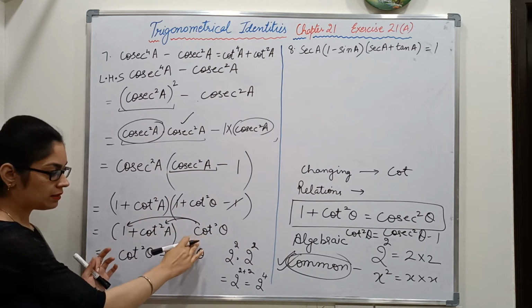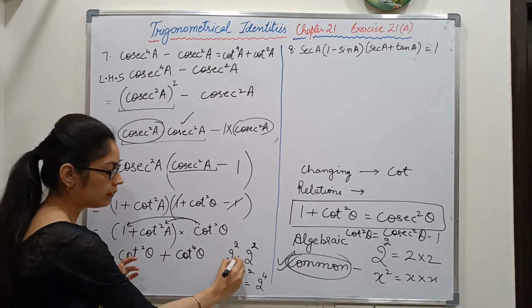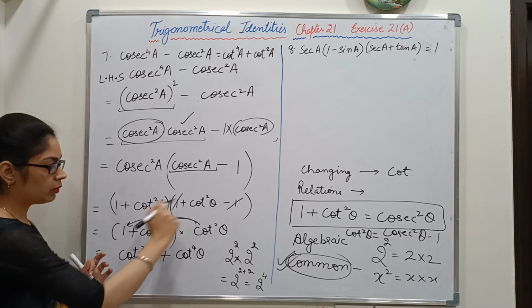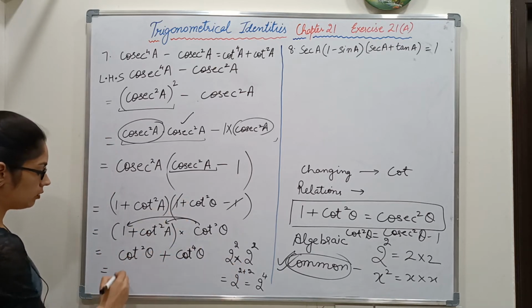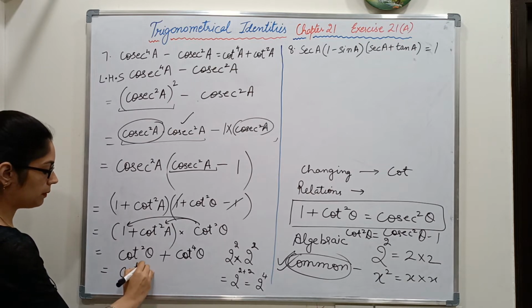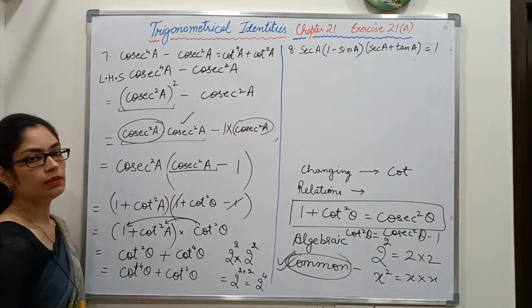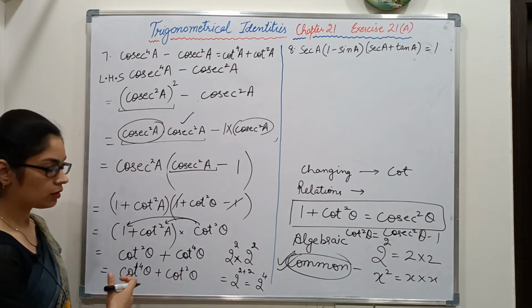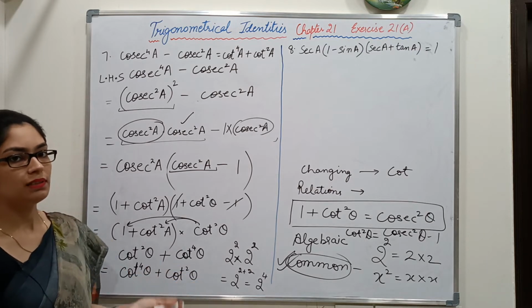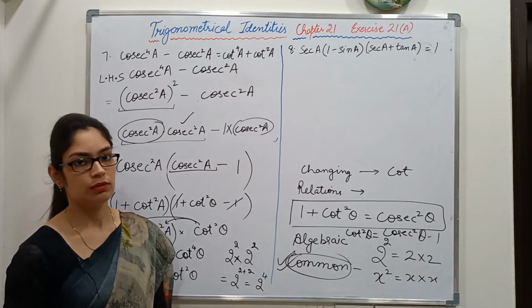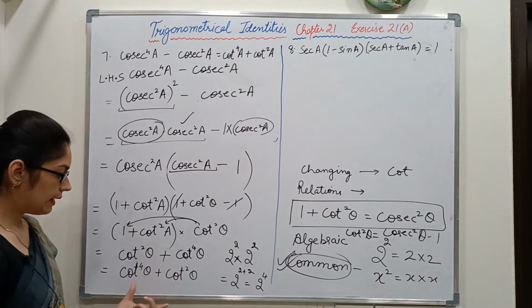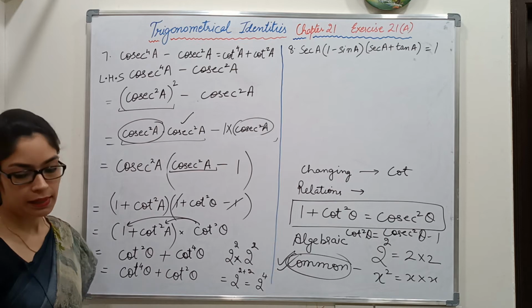Cot and cot bases are the same and they are getting multiplied, so we have to add the powers. So this I can also rearrange: cot to the power 4 theta plus cot square theta, because addition is commutative, we can interchange. 1 plus 2 is also 3 and 2 plus 1 is also 3. So we can interchange and then we can see I have got the required thing.